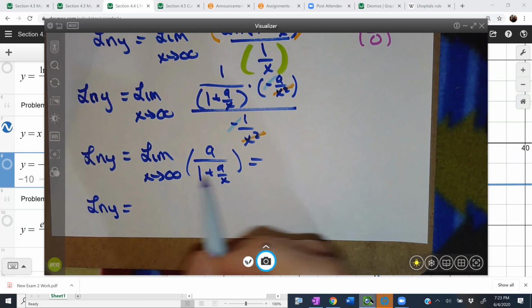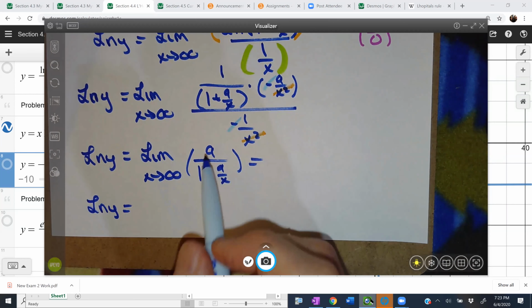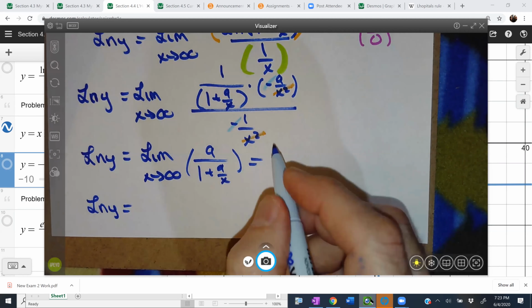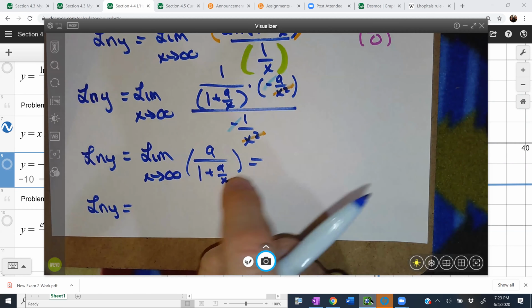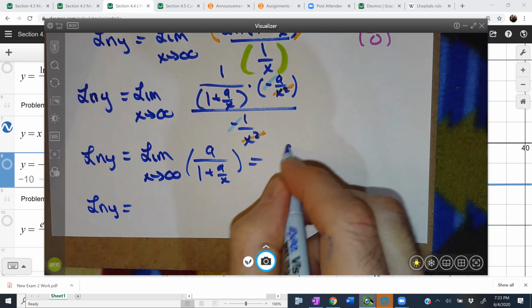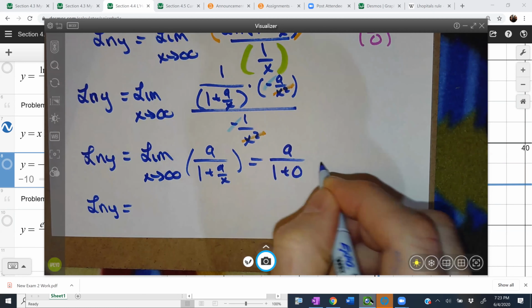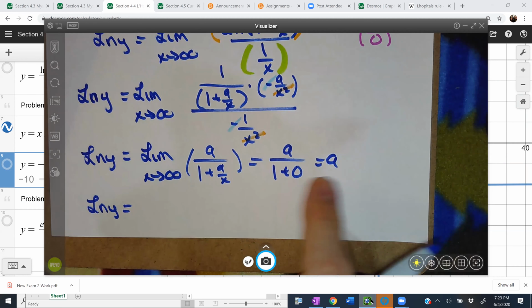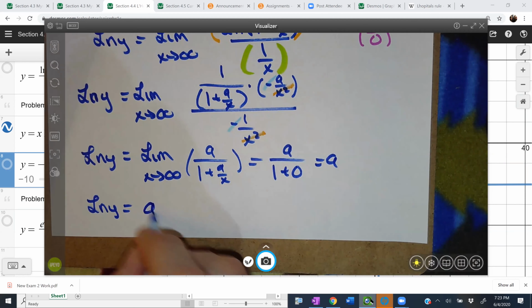Limit as x approaches infinity, a is a constant, 1 is a constant. What happens to a over x? It's 0. So overall, I get this limit is a.